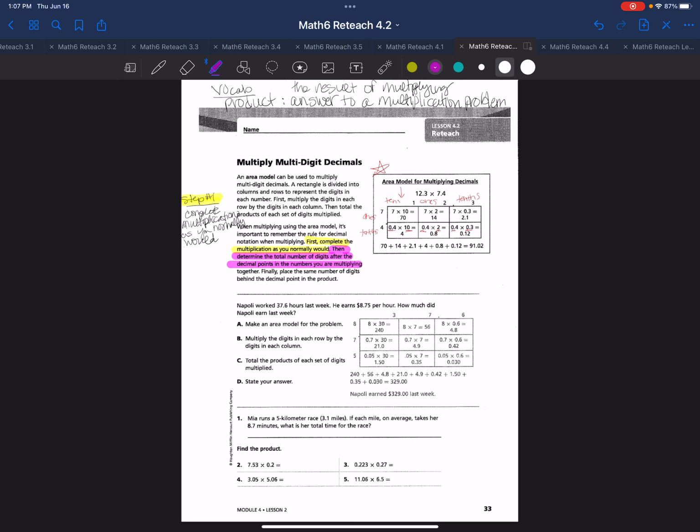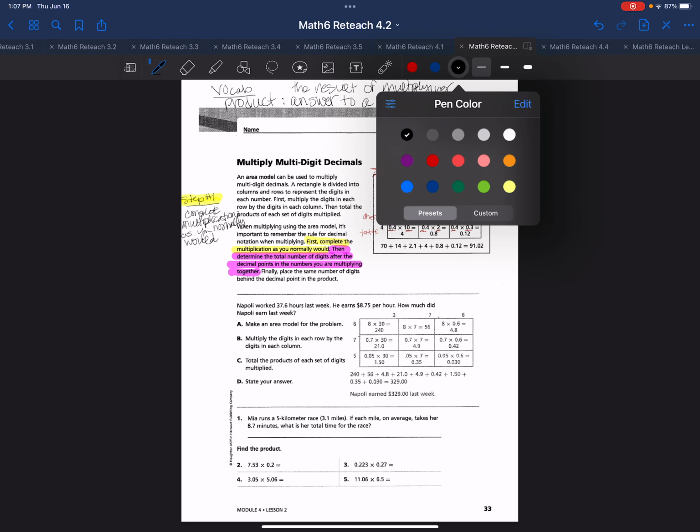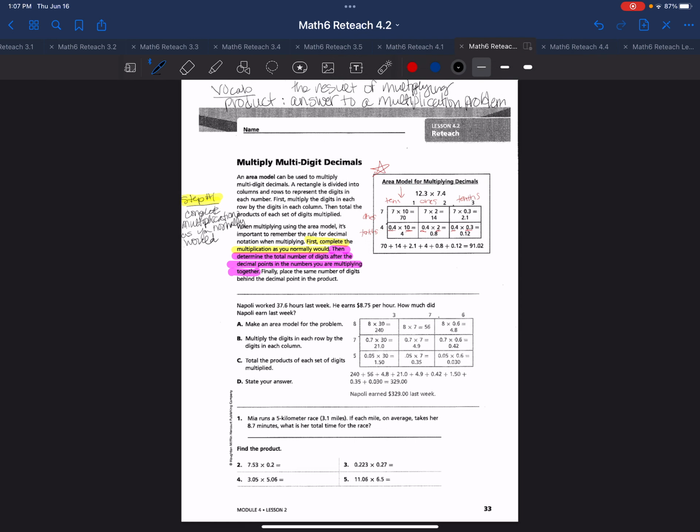So let me just go over this really quick, because we're going back to place value understanding here.